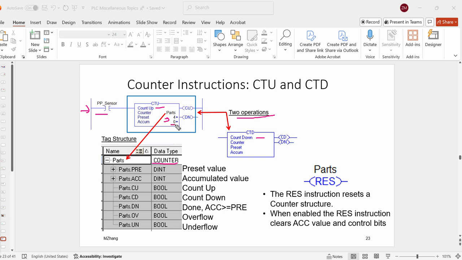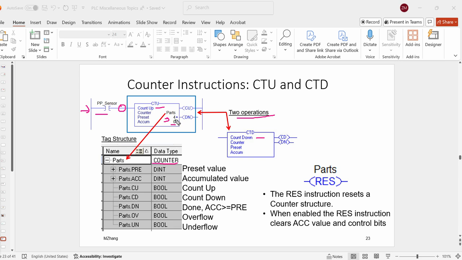The next one is called accumulated value. You may have a question: if the sensor is turned on for obviously longer than the PLC scan, will that trigger the counter more than once?